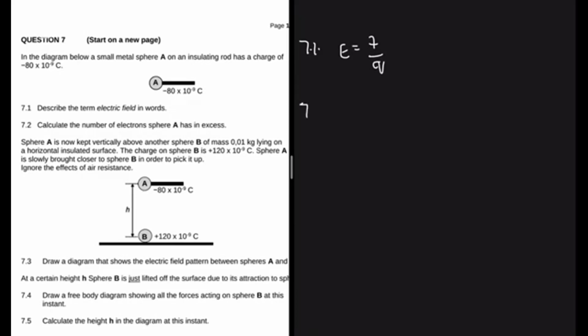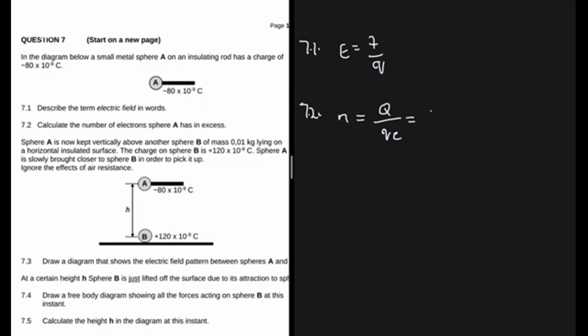And then 7.2 says calculate the number of electrons sphere A has in excess, right? So the number of electrons a sphere will have in excess will be equals to its charge divided by the charge of an electron, assuming it has a negative charge, right? Because if it has a positive charge, then it doesn't have any electrons in excess.